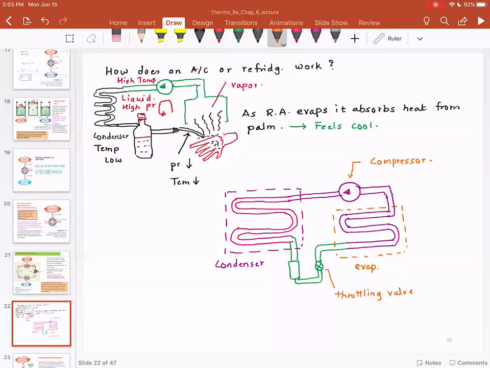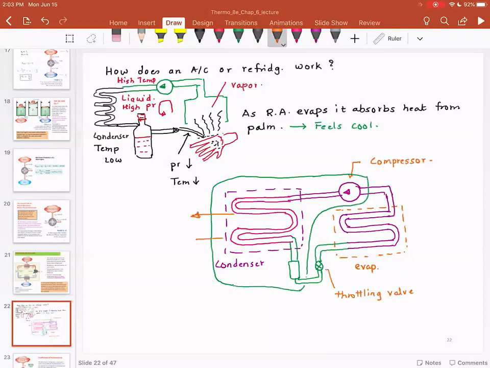Now, I want you to be very clear. If you look at your air conditioning system, whether your car air conditioning system or your house air conditioning system, the compressor and condenser are placed outside the area to be cooled, because this is where the heat rejection is going to take place.